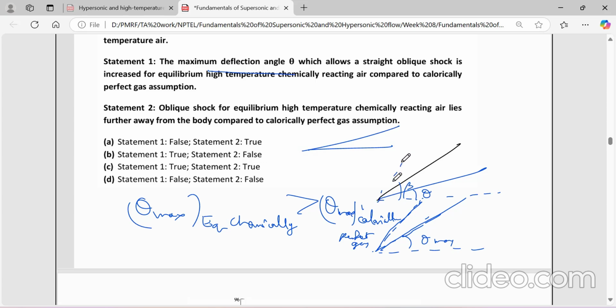It means, let's say this is the shock for chemical reacting air and this is the shock for calorically perfect gas. So this is away for chemical reacting gas, it is more away from the body. Now we'll check both of these.